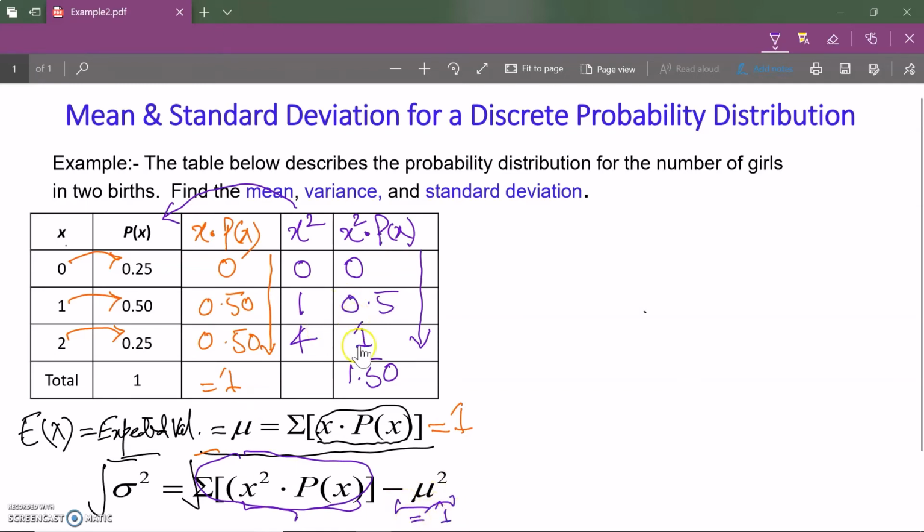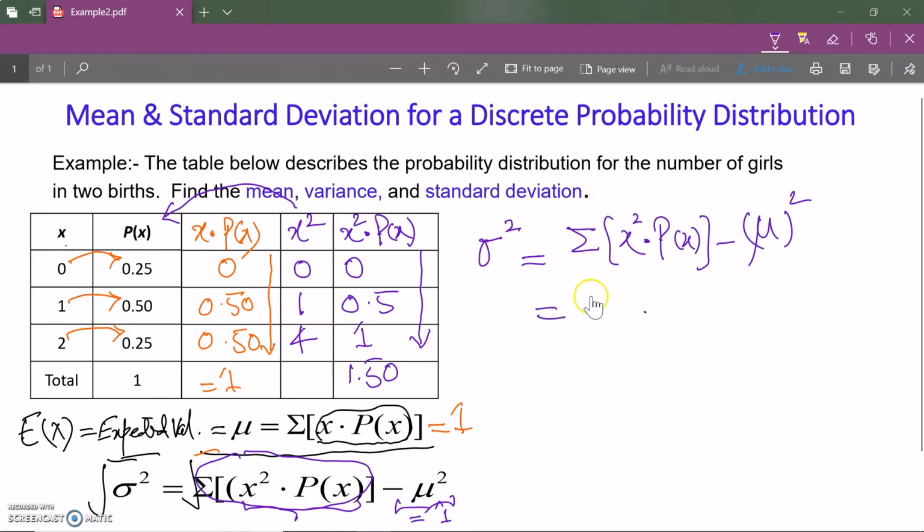In order to find the standard deviation, I will plug these values in. Before we compute the standard deviation, let's compute the variance first. Sigma squared, which is the variance, is equal to the summation of x squared times p of x minus the square of the mean, mu squared. You just plug in the values.